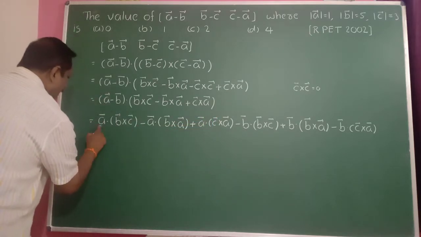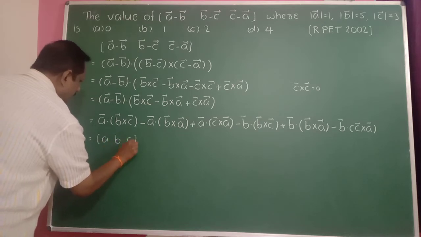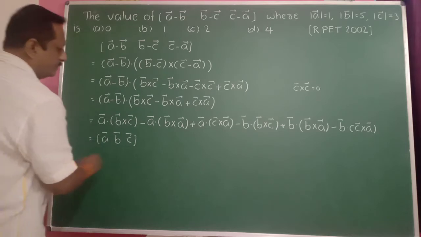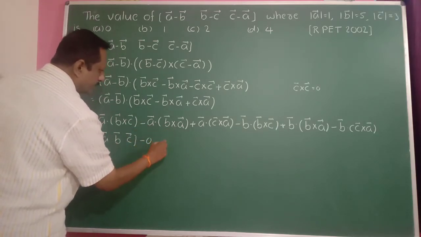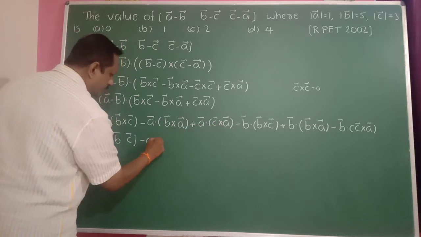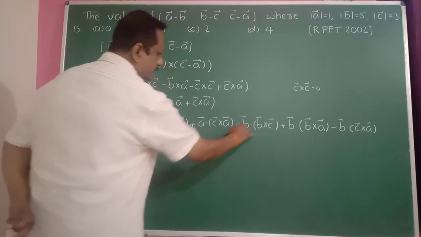This equals, you can write this in this form: the scalar triple product [a bar, b bar, c bar]. This becomes 0 because two vectors are identical. This also becomes 0 because two vectors are identical.